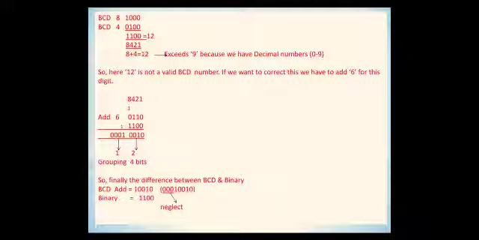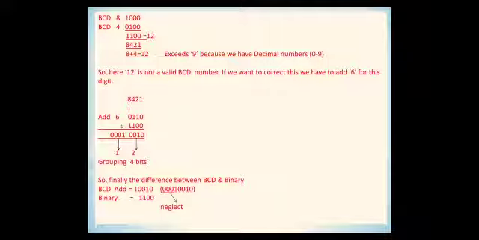Here simply we are adding 8 plus 4 is 12. 12 exceeds 9 because we have decimal numbers 0 to 9. So 12 is not a valid BCD number. If you want to correct this, we have to add 6 for this digit.